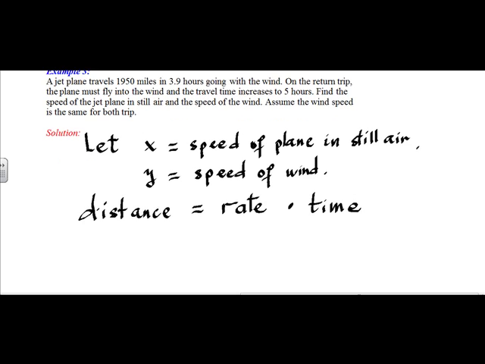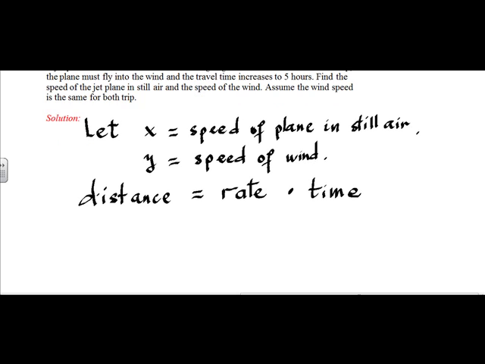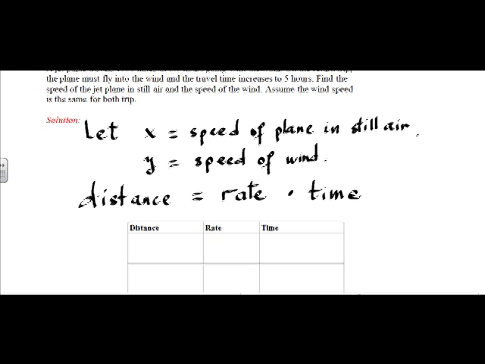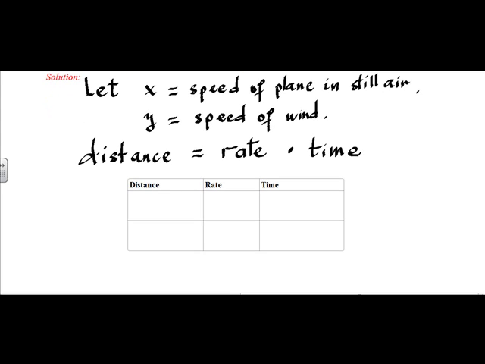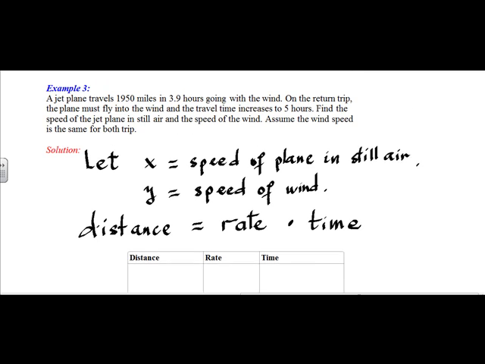The best way to do this is to organize what we know from the problem by putting it in a table. So I just imported a table that I created ahead of time. When you translate, you put it in there nicely, and you can see how it works. Now look at our problem.